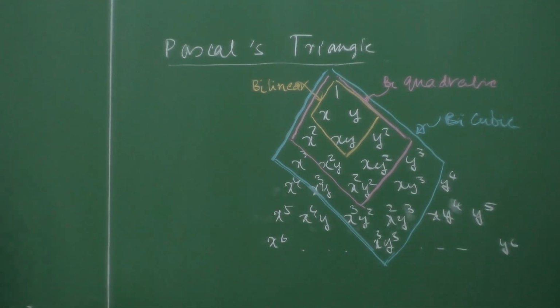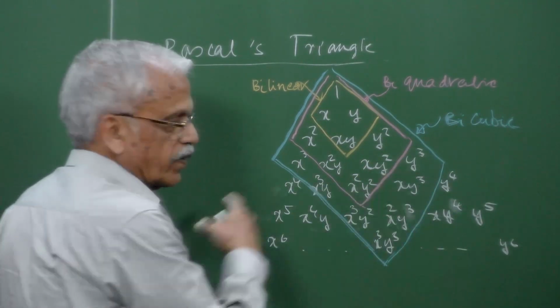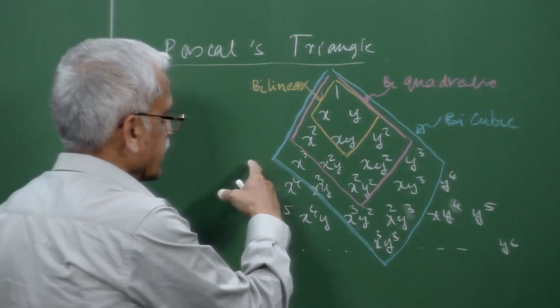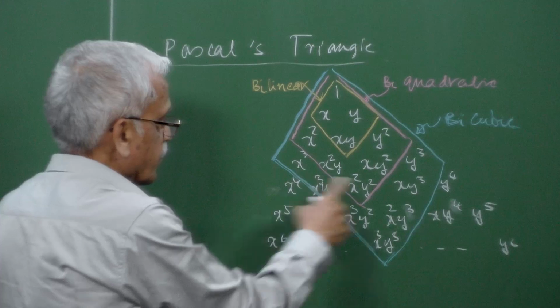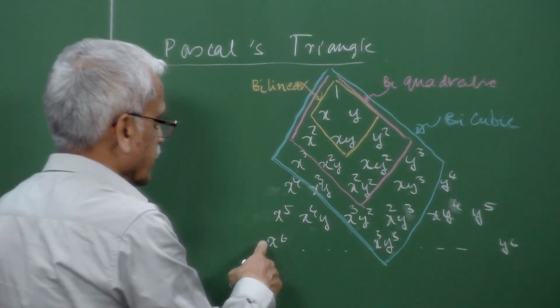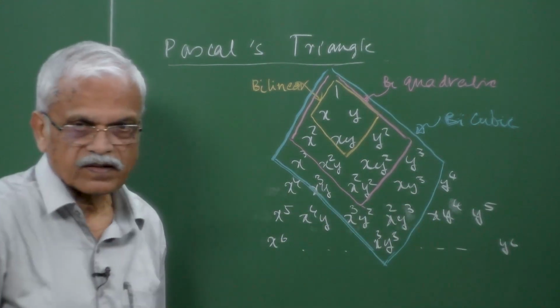Okay, so unless the row is complete, we cannot say that the fourth degree terms are completely available. Fourth degree terms are not available, fifth is not available, and sixth degree is also not available.